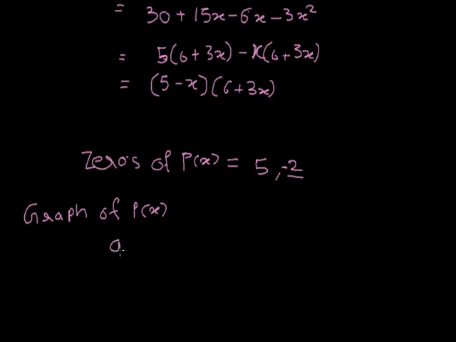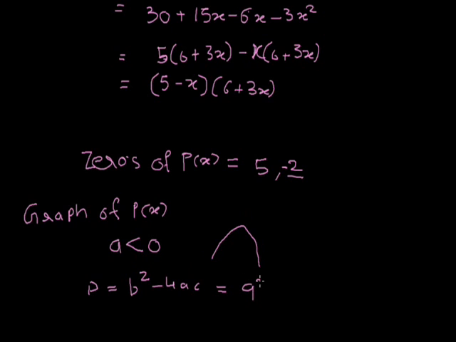We just see the sign of a is negative. If the sign of a in polynomial p of x is negative, then we get a parabola opening downward. And we calculate the value of D. D is the discriminant, b² minus 4ac, where b is 9.